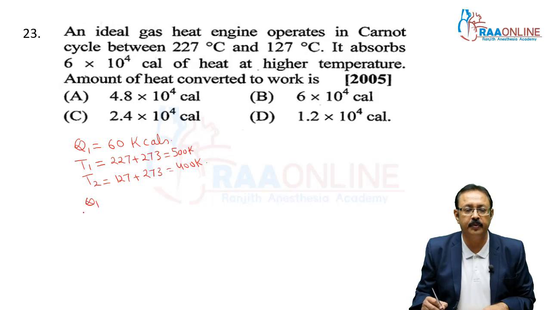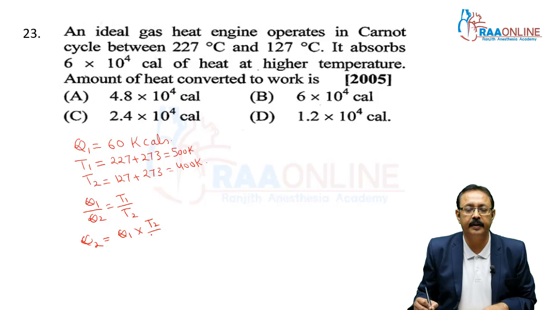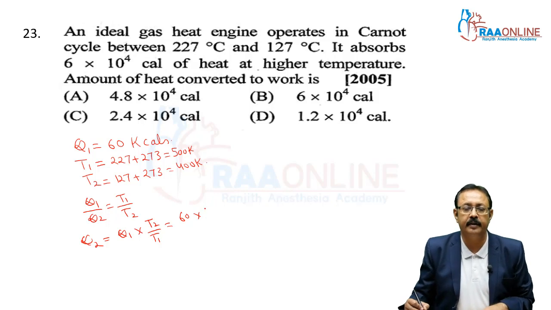Q1 upon Q2 is T1 upon T2. So Q2 should be equal to Q1 into T2 by T1. What was Q1? 60 kilocalories. I am calculating in the same unit. T2 was 400 divided by 500.